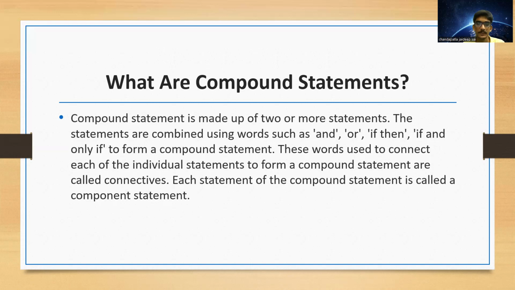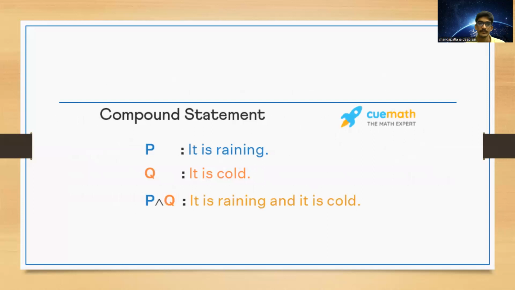These words used to connect each of the individual statements are called connectives. So the words which are used to connect two statements which are either true or false are called connectives, and by combining them we get the compound statements. So this is about compound statements.